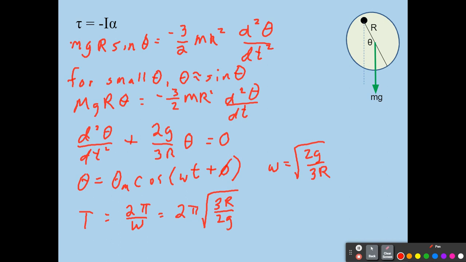The simple pendulum was L over g in that square root. This is different because we don't have a mass on the end of a string. It's a different I, so that's why it's a different period. AP likes to give you physical pendulum problems because they're just fun, and they have a lot of I in them.